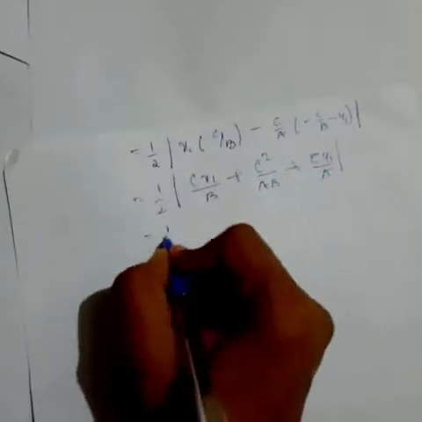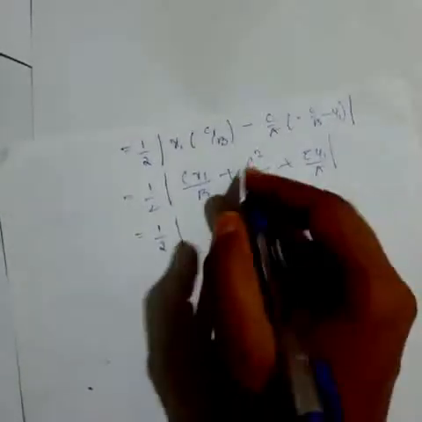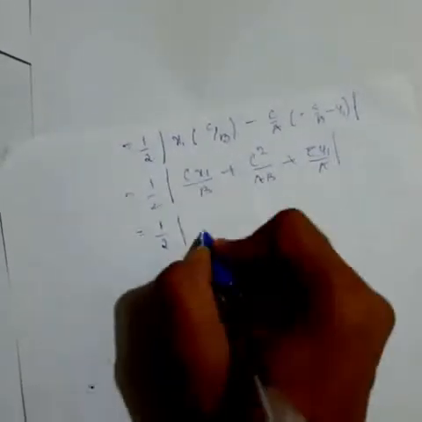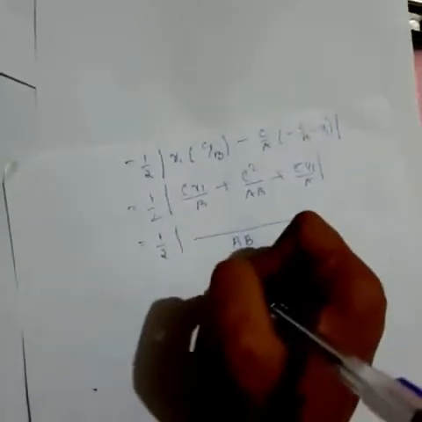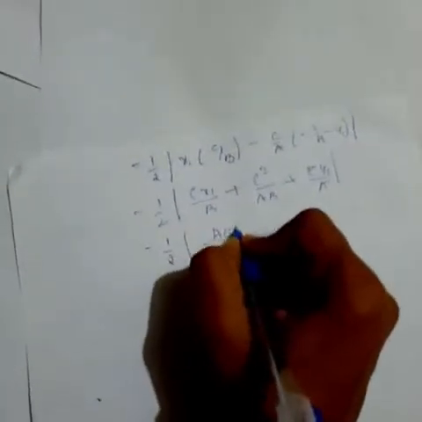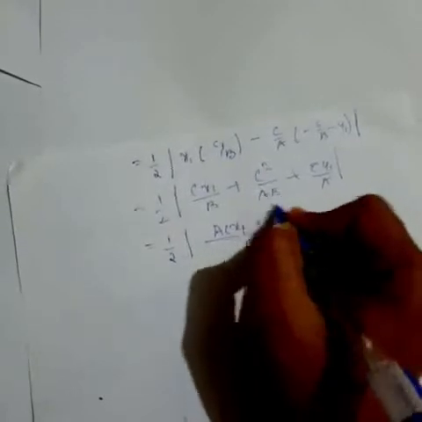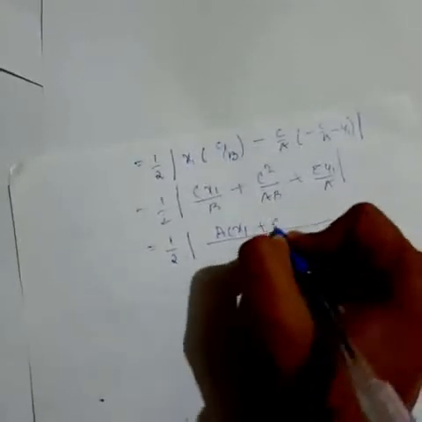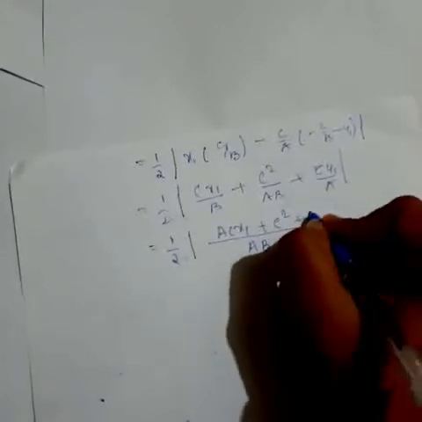Next, half. Take the LCM, you will get ab as your LCM. Do cross multiplication, then you will get here a c x1 plus c square. Here the denominator is ab, so as it is. Here the denominator ab is not there, so take b here.